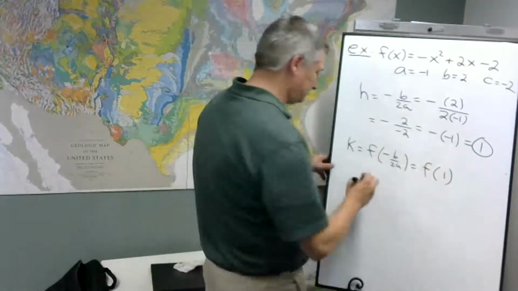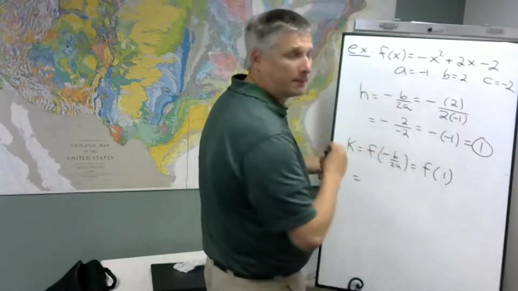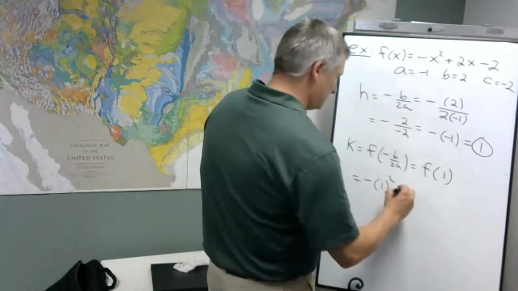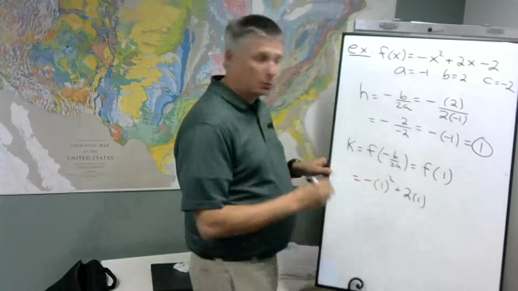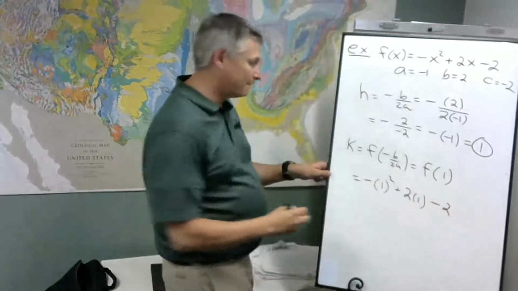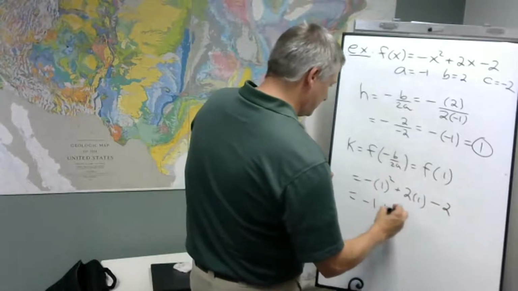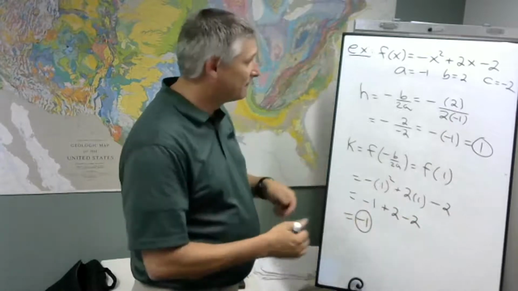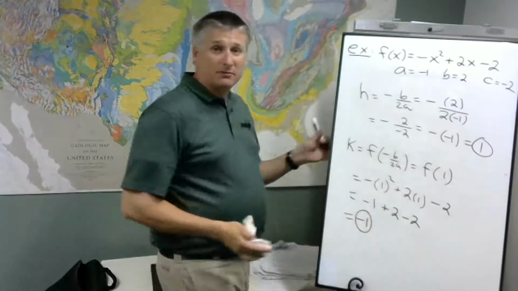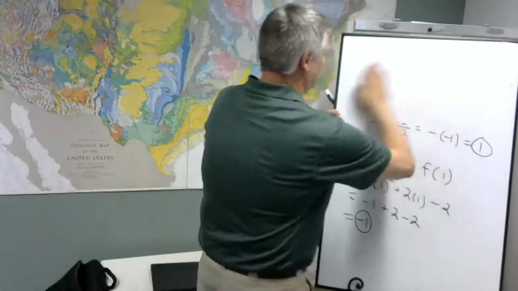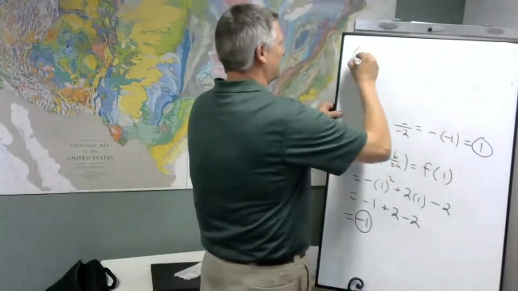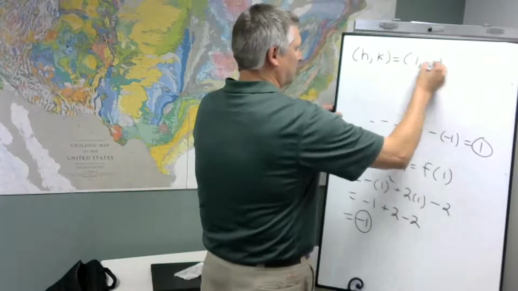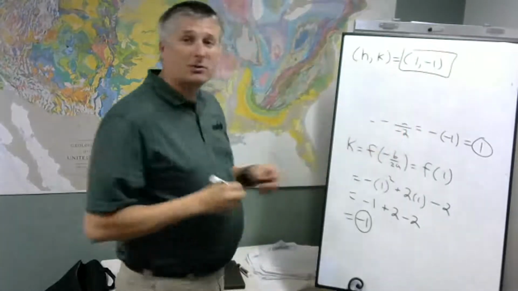It's 1. So f of 1. That's negative 1 squared plus 2 times 1, minus 2, or negative 1 plus 2 minus 2, or just negative 1. So that means the vertex is (1, negative 1), and that's going to be the vertex.